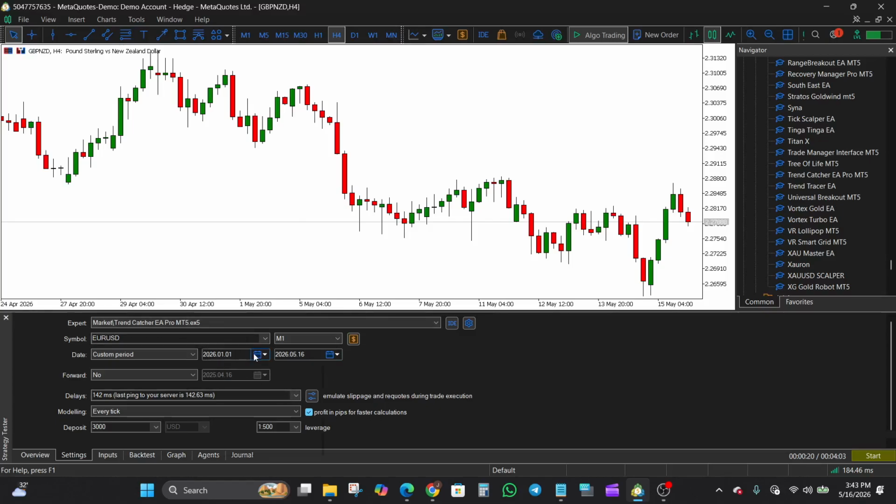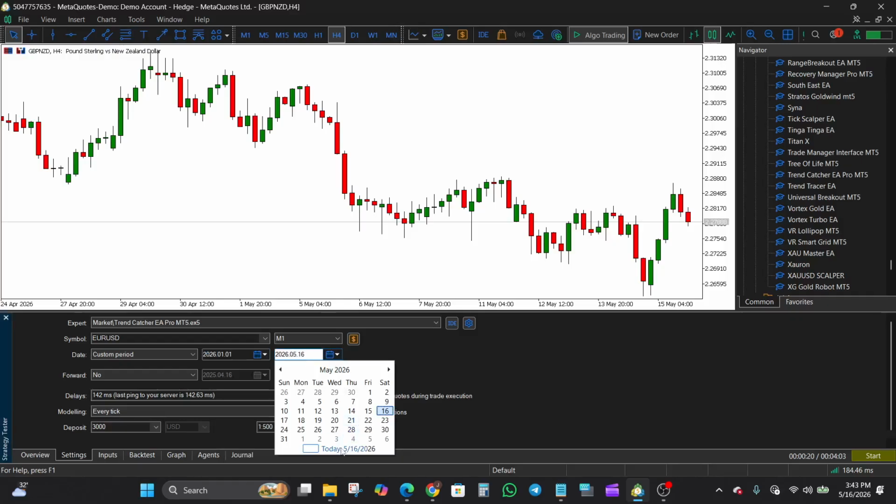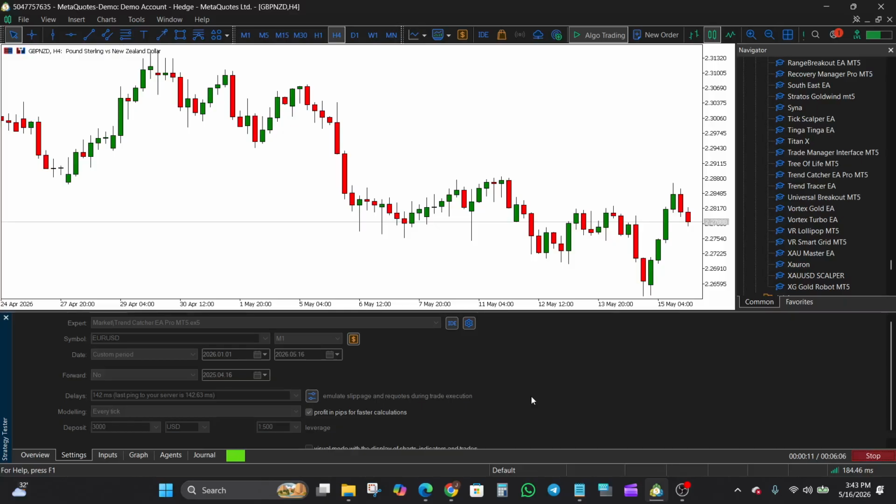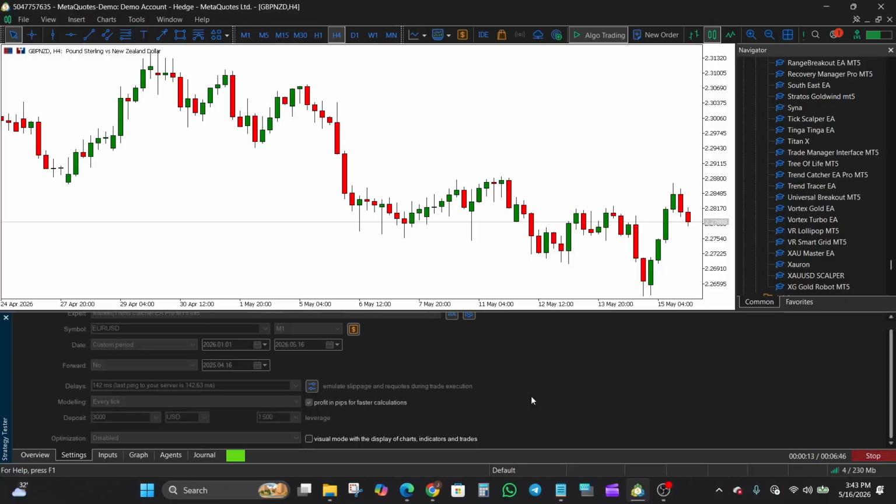The testing is going to be from the beginning of this year till date, so we can get reasonable data for the backtesting. I'm going to recommend testing over a longer period of time to get a more comprehensive result. When you test over a longer period of time, it captures more market conditions.